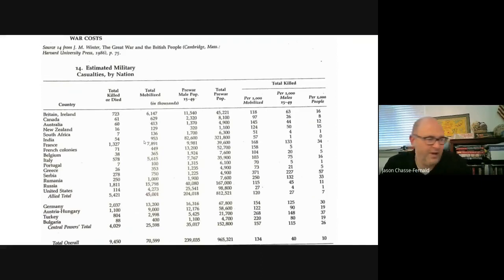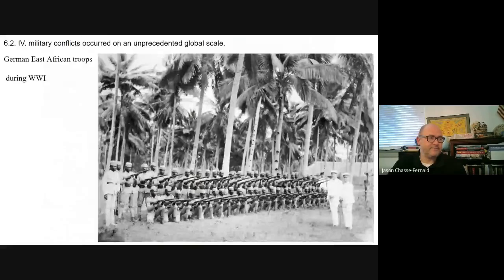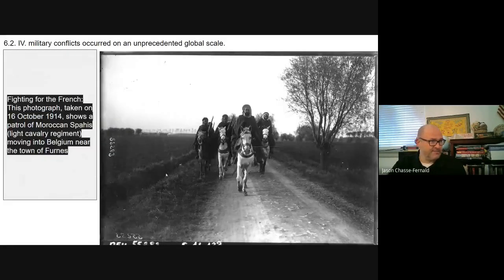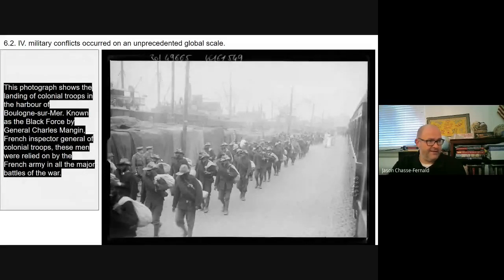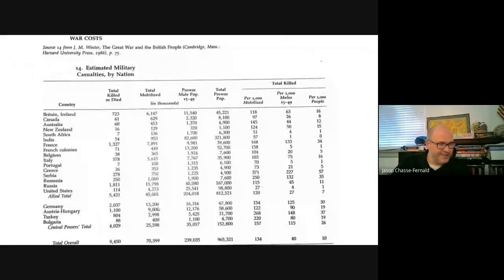One of the ways that we often talk about in class, and students generally come up with, is the idea that when these troops, especially like, I'm just going to scroll through real quick. I'm going to show you Germany had some as well, right? Germany had colonial soldiers, but not nearly the kind of numbers. By the way, just look at these numbers.